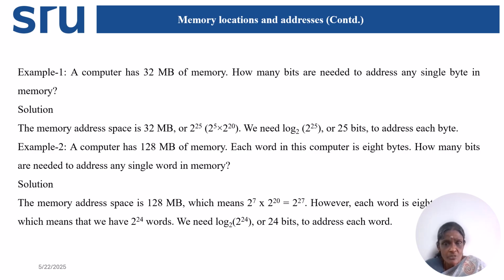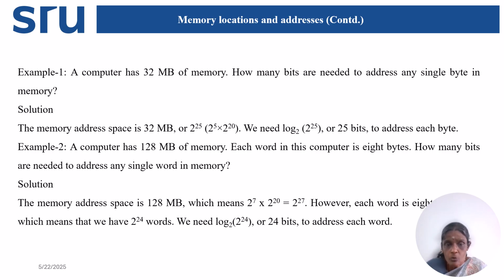However, each word is 8 bit, which means that we have 2 power 24 words. So 2 power 24 means we need log of 2 power 24. The log and 2 cancel, and finally we get 24 bits to address each word.